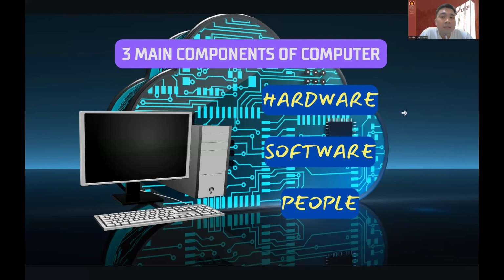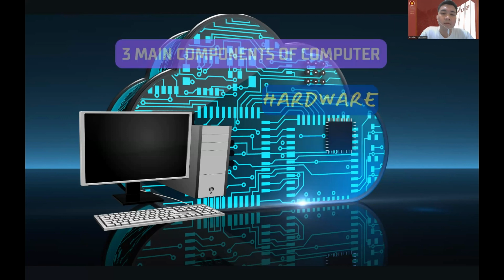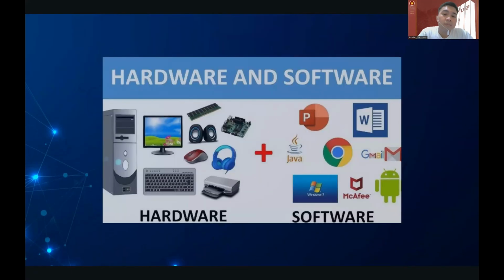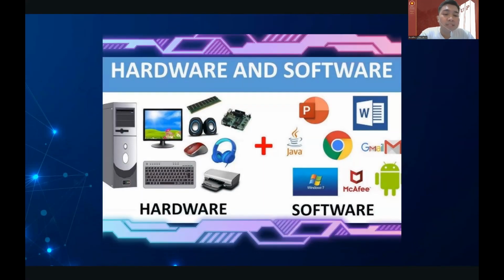In that, there are three main components of a computer, which are the hardware, software, and people. Hardware is the equipment associated with a computer system, while software is a set of instructions that tells the hardware what to do.